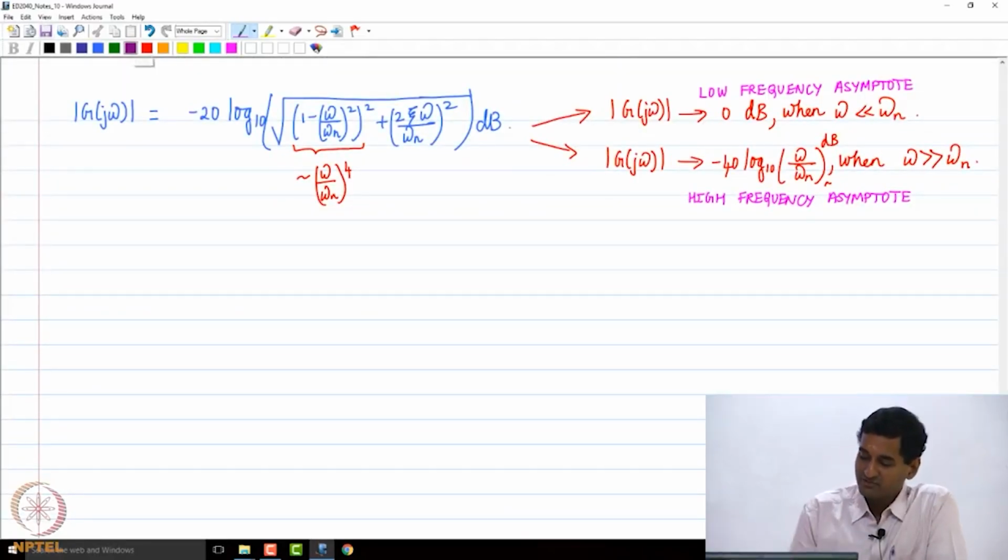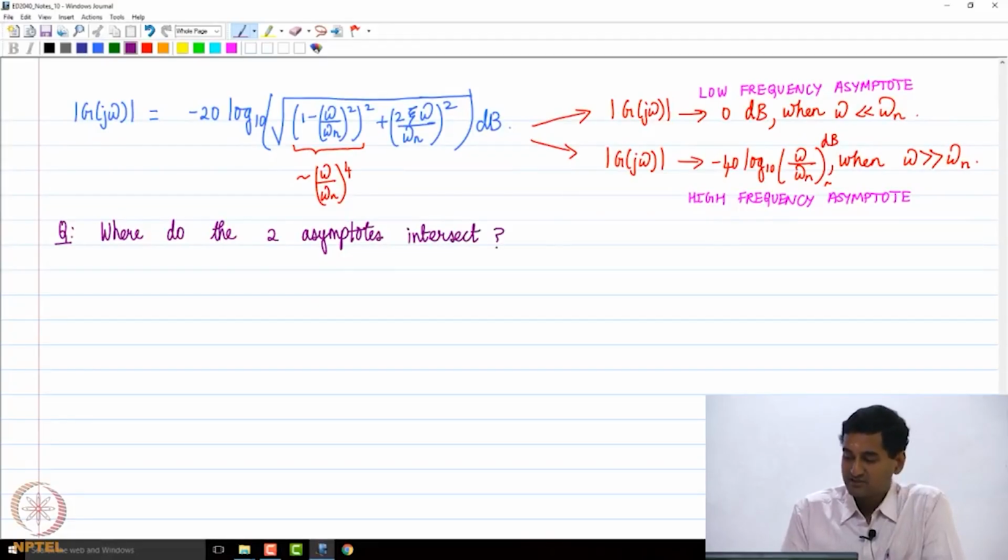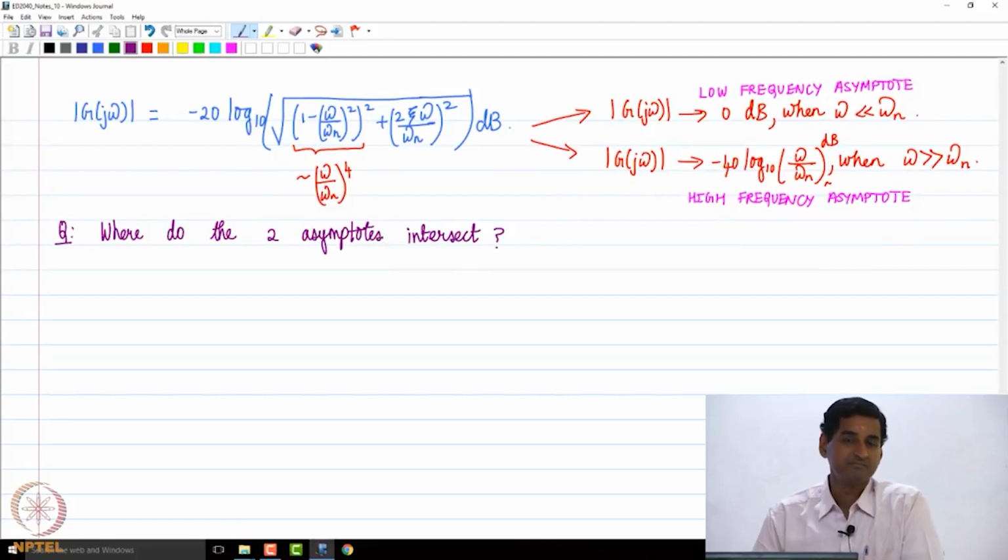Now once again a set of questions. The first one is, where do the two asymptotes intersect? Where do you think the two asymptotes intersect each other? Omega equals omega n. We can immediately figure out the answer as omega equals omega n. Why?